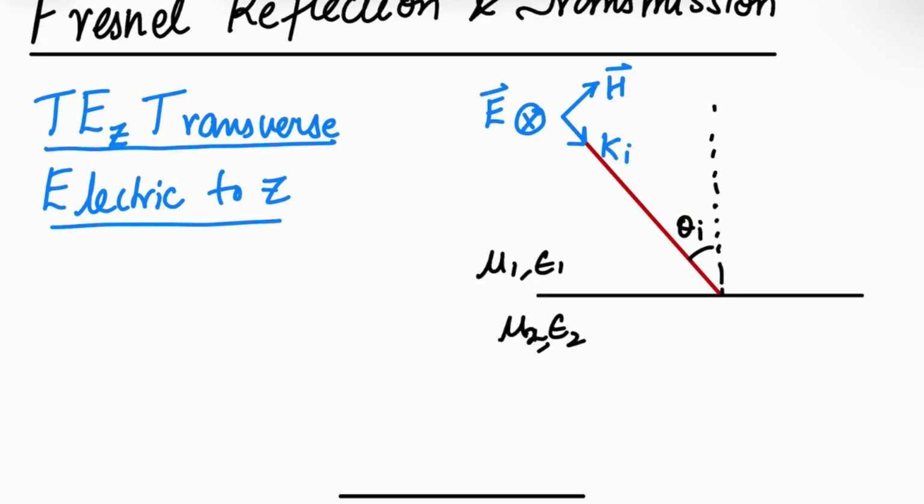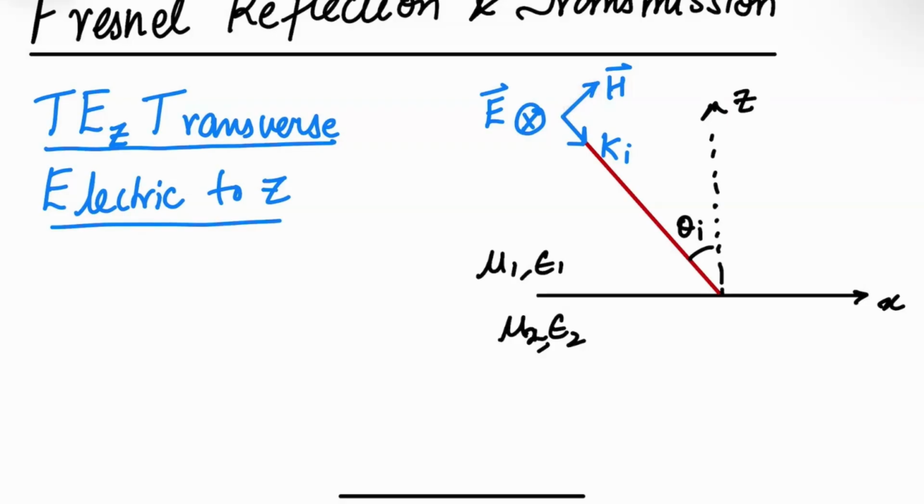But in this coordinate system, we'll say that this is the Z-axis, this is the X-axis. So it is transverse to Z, which means that if the Z-axis is going this way, since the electric field is coming out of or going into the page, it's perpendicular to Z. So since the electric field is transverse to Z, it's called transverse electric. And of course, the magnetic field is not transverse to Z because it has a component along this direction.